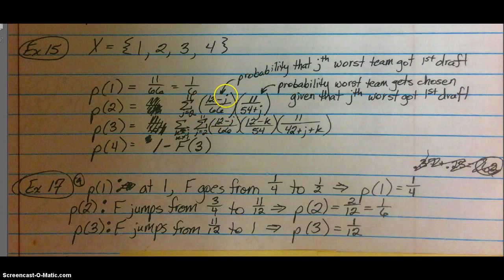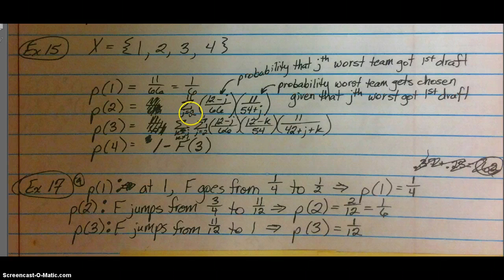And if they were chosen, we want to know what's the probability that we were chosen, and here we have 11 over 54 plus J. Where is this 54 coming from? Notice that we're taking 12 away from 66, or more precisely, we're taking 11 away from 65 and adding J there.